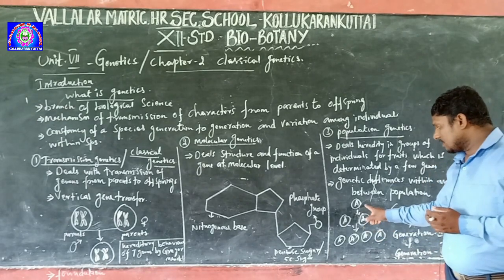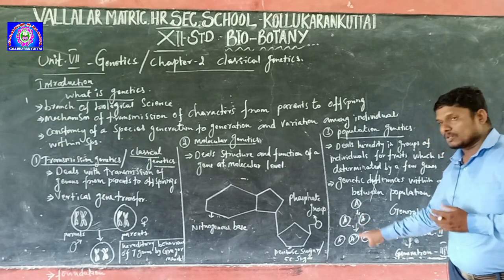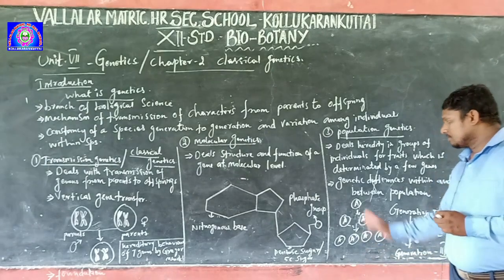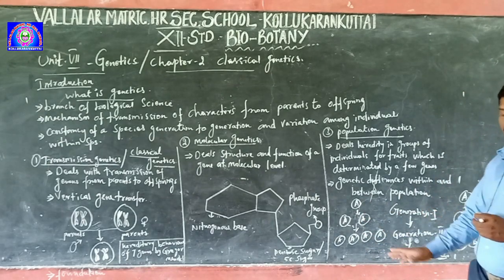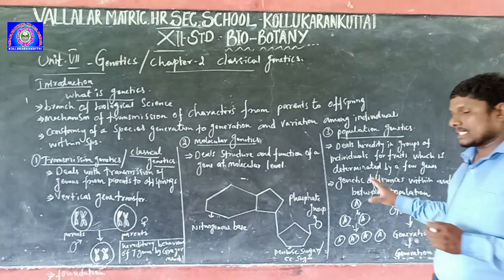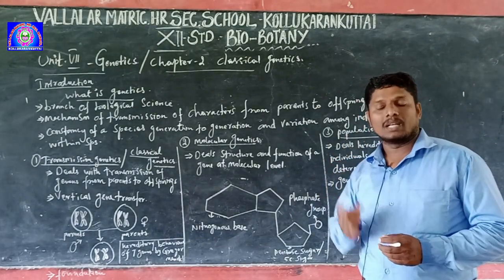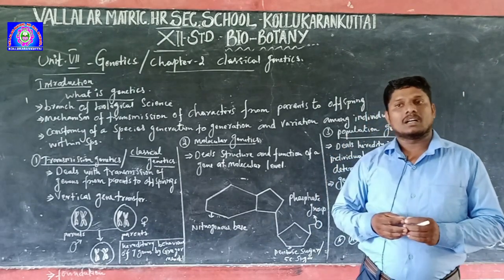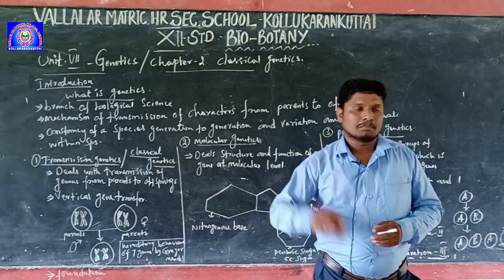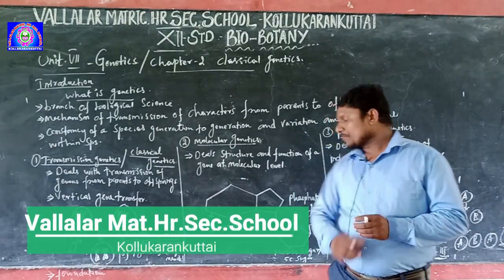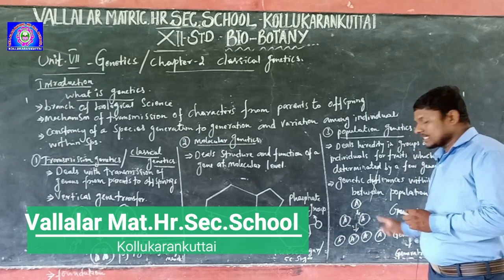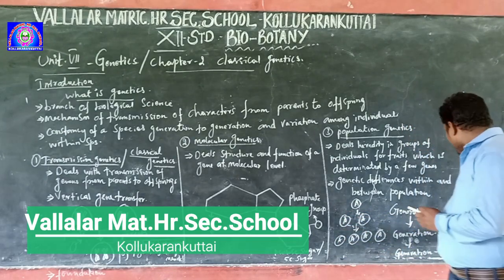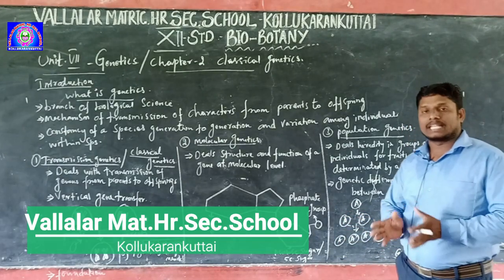So in this type no variation is initiated, but in this type variation is initiated. So in population genetics, 3 types of generation occur with the help of variation either present or absent in the particular group of population. The first one is where variation does not occur, and the second is where variation is present.